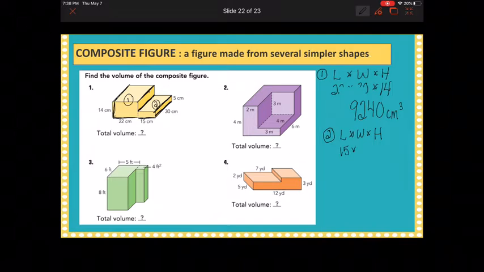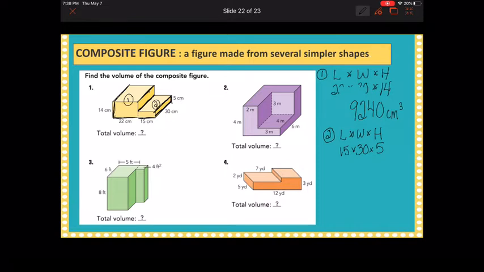Oh, we already got that right here, which is 30. And the height is 5. If we multiply those together, we get 2,250. Step number 3 is going to be to add both of those together.